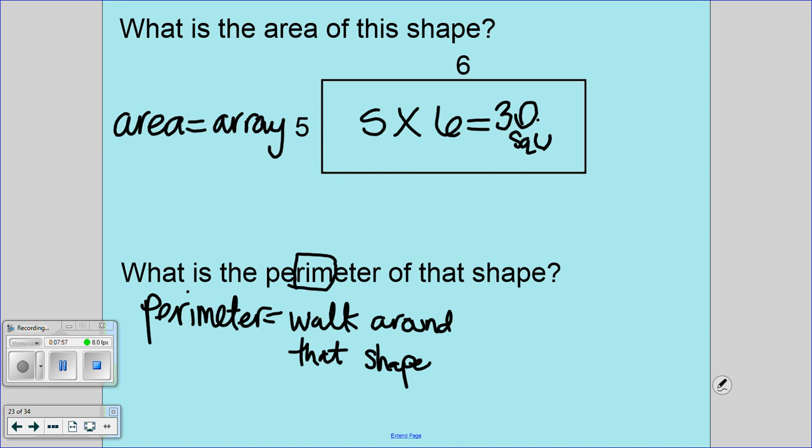This is where labeling your dimensions is going to come in handy, because I guarantee there will be an answer choice of 11. You know why? Because there's a 5 and there's a 6. And 5 plus 6 is 11. Is 11 the perimeter? No. Nope. So if you came up with 11, you successfully got tricked.